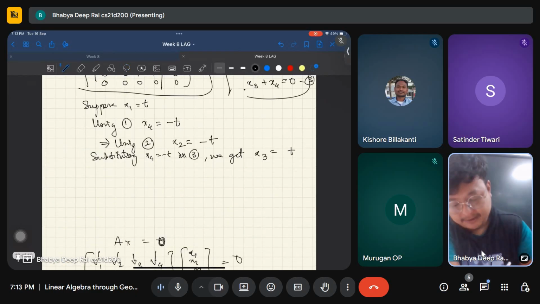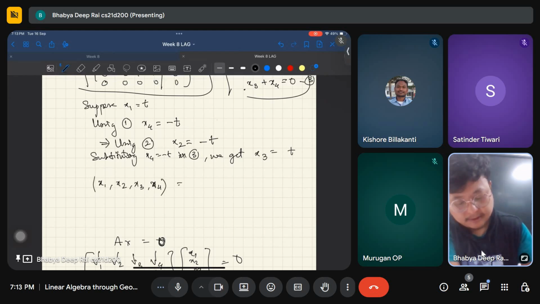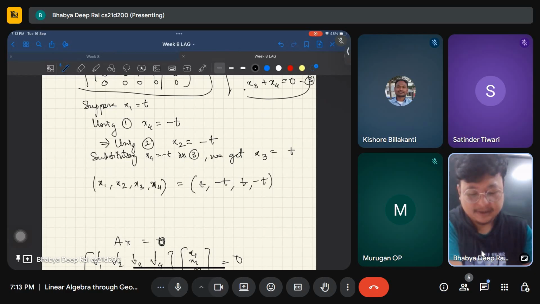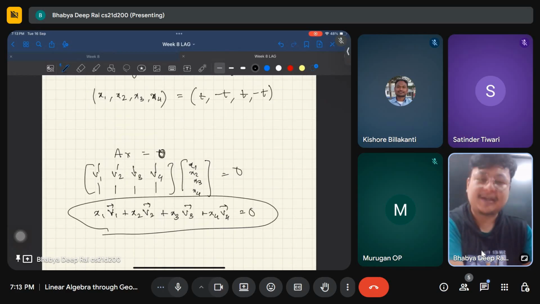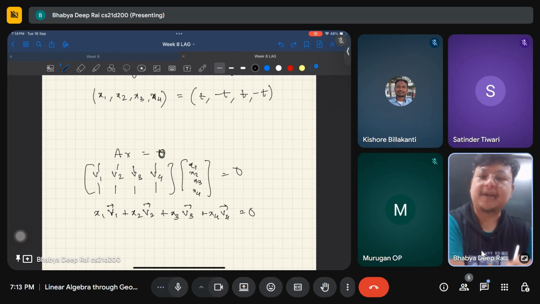It means that as long as I set x1, x2, x3, x4 to be t, minus t, t, minus t respectively, it will satisfy the set of equations.